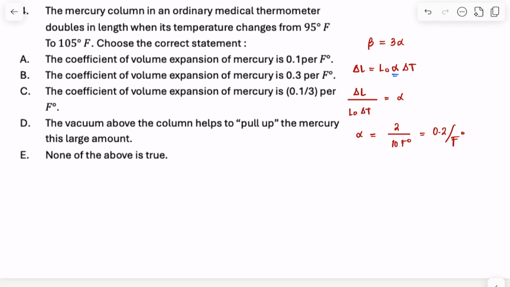For the coefficient of volume expansion, beta will give you 3 times 0.2 per Fahrenheit degree, or 0.6 per Fahrenheit degree. So upon checking, statement number 1 is incorrect. Statement number 2 is also incorrect, and statement number 3, or letter C, and D are also incorrect. So the correct answer is ironically none of the above, because the beta here is 0.6 per Fahrenheit degree.